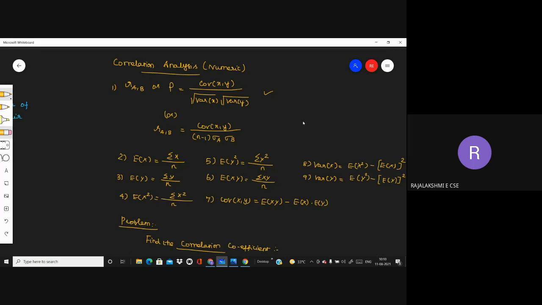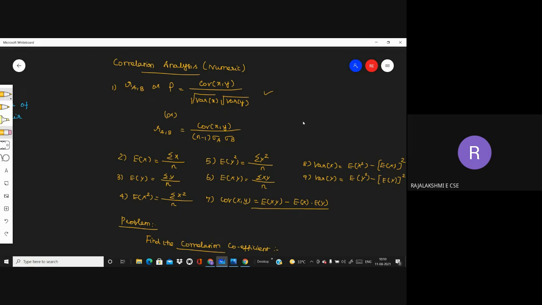So when you want to calculate this covariance of x and y, if x and y are the two attributes, ரெண்டு attribute இருக்கு, அதோட values தான் நான் x and y என்று சொல்றேன். So the covariance, the variation or correlation between these two attributes x and y, can be calculated as E of x comma y minus E of x into E of y. What is E of x? What is E of y?